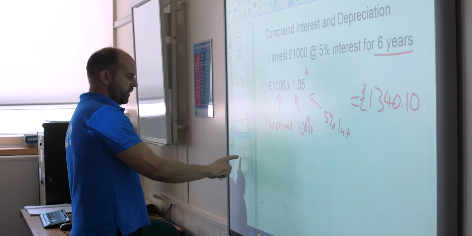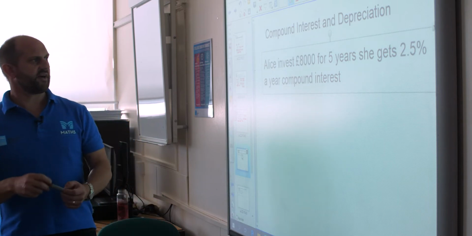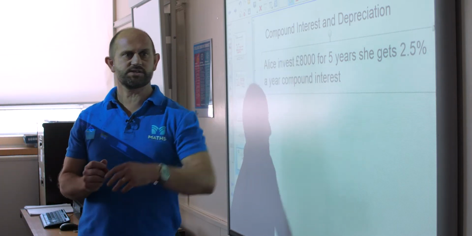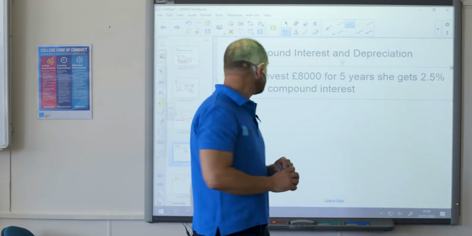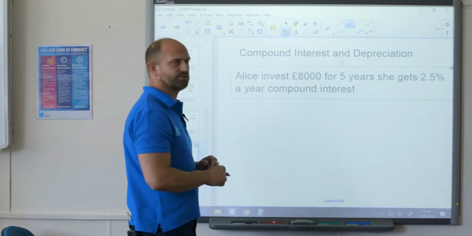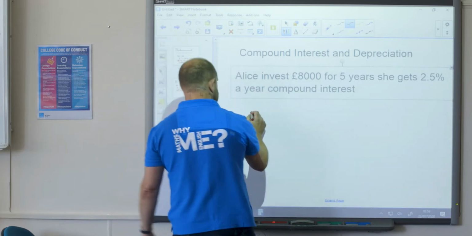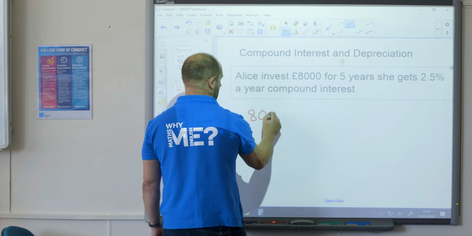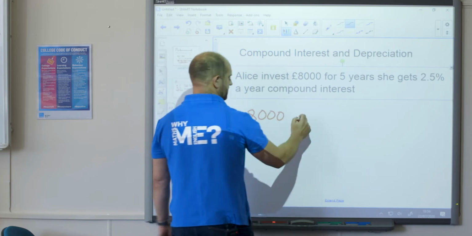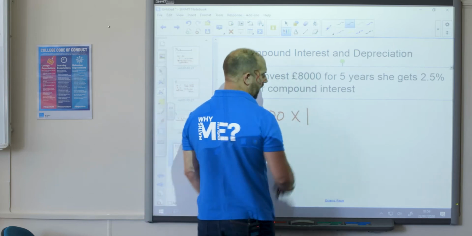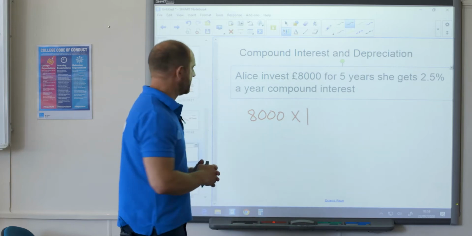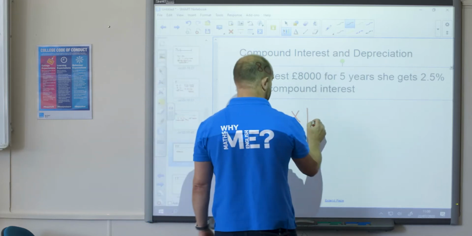So looking at another question then. Alice invests £8,000 for 5 years and she gets 2.5% a year compound interest. So again, setting out our sum, we've got our £8,000 times by 100% of the money that's going into the bank.